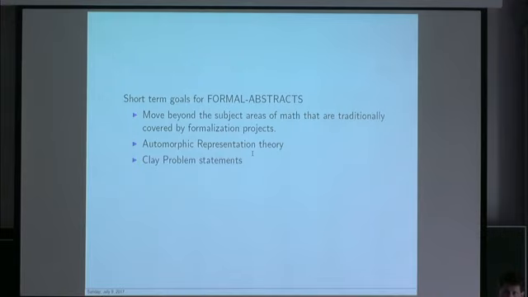My background as a student of Bob Langlands is in automorphic representation theory and p-adic groups. As a sample problem, I thought of just trying to write down the Clay $1 million prize problems in a proof assistant. And again, I stress we're not solving a thing here. We're just trying to write things down in a precise way.